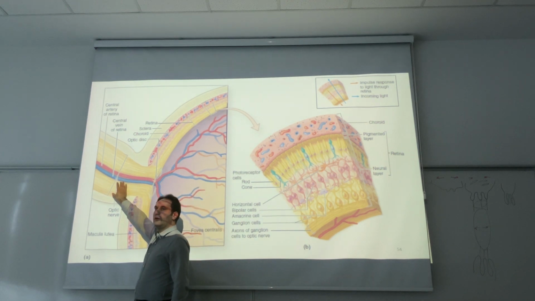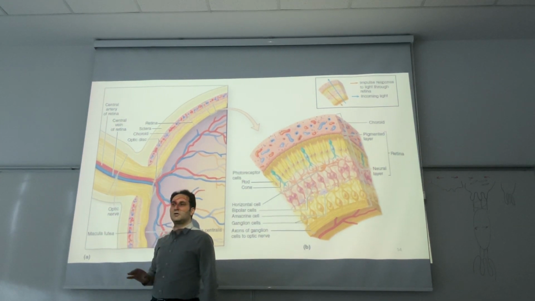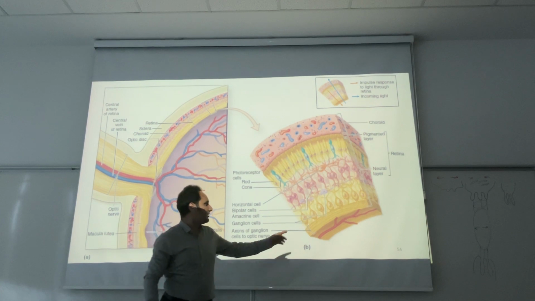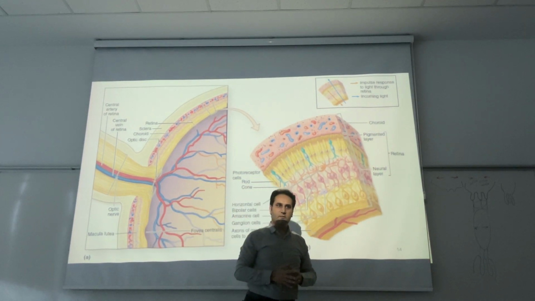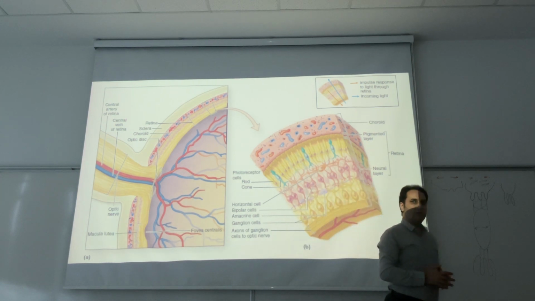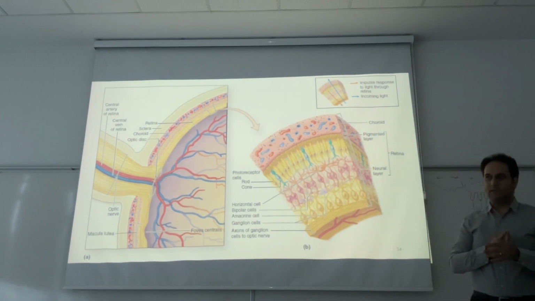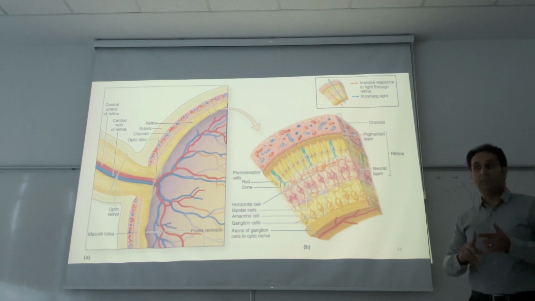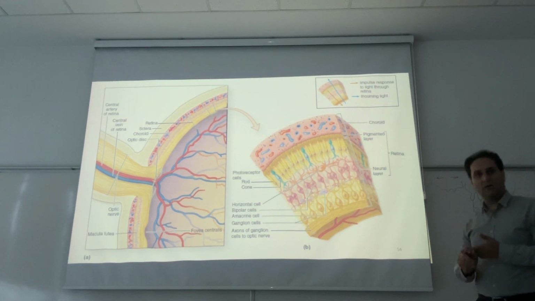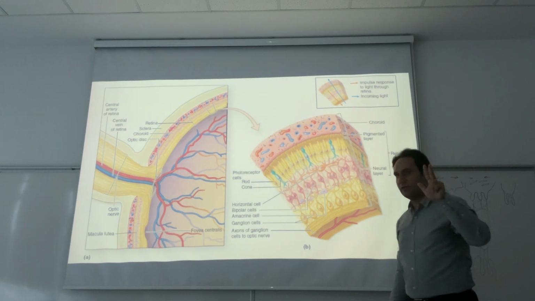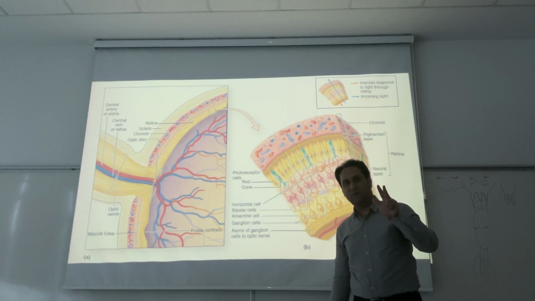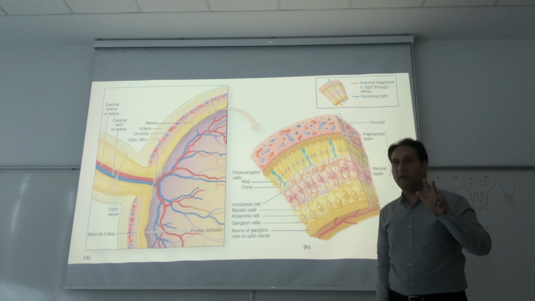This optic nerve is composed of axons of these ganglion cells. Okay? Can you understand the relation between the photoreceptor cells, or rod and cone cells, bipolar cells, and ganglion cells? These three different types of cells have a role in conducting light information.